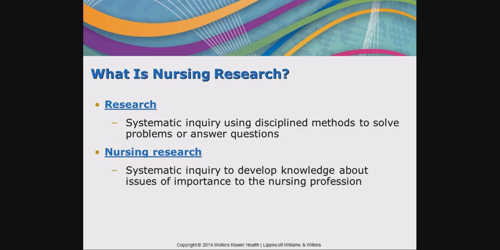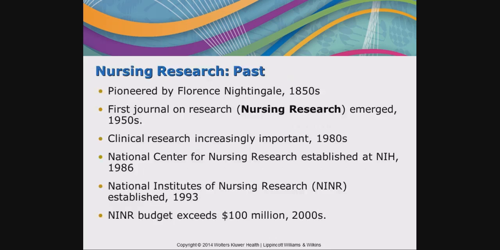And everything about nursing research, it includes all the studies that concern nursing practice, nursing education, and nursing administration as well, because all of it really examines why we do what we do as nurses. And that's what research is.